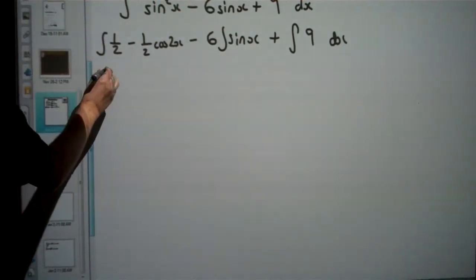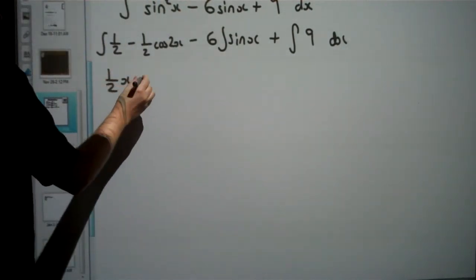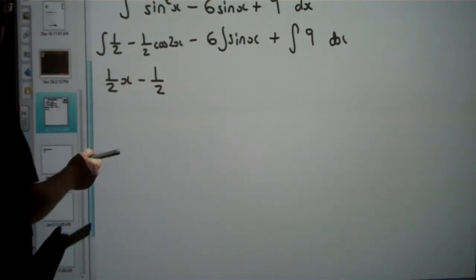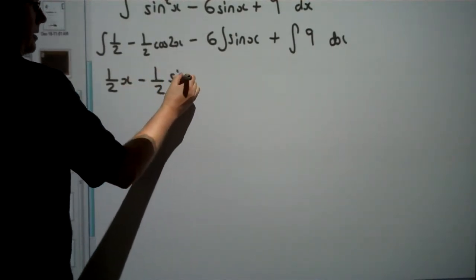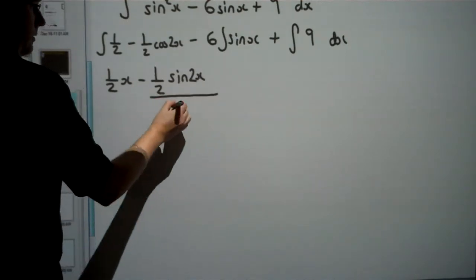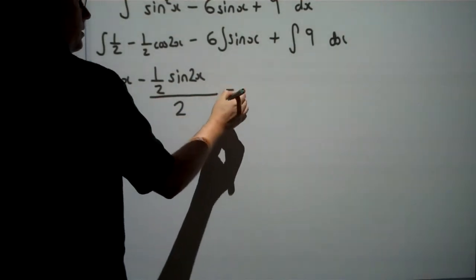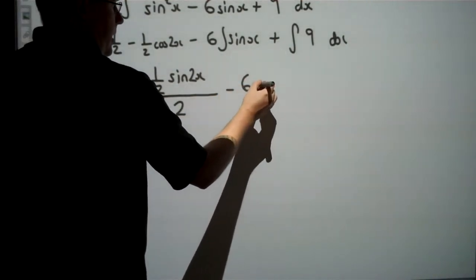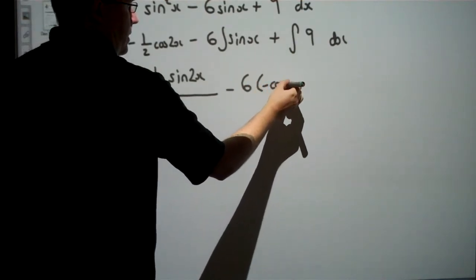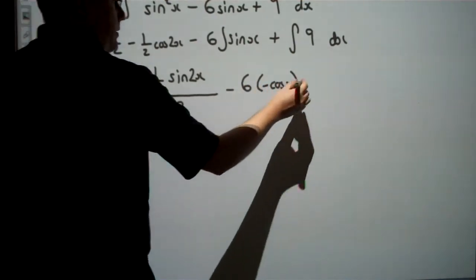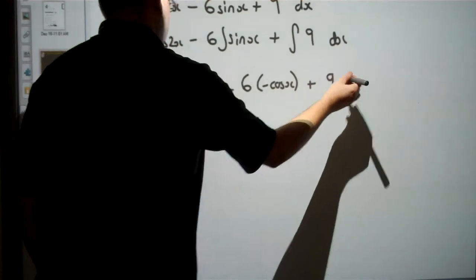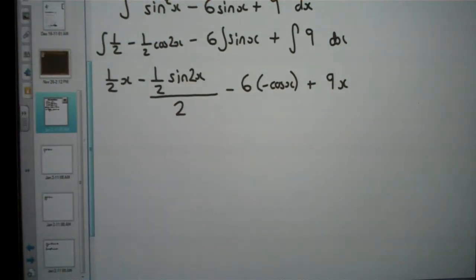So the integral for 1/2 is 1/2 x. The integral for cosine is sine, so sine 2x over 2. The integral for sine x is negative cosine x. And the integral for 9 is 9x.